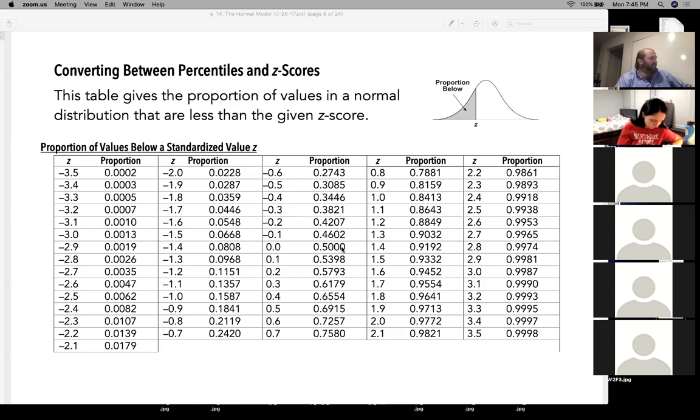Okay. What if Z was 1? What percent would be below 1? About 84%. Does that jive with my 68, 95, 99.7 rule? No. Then why would I have it be a rule if it doesn't jive?